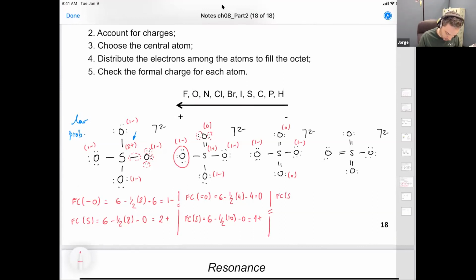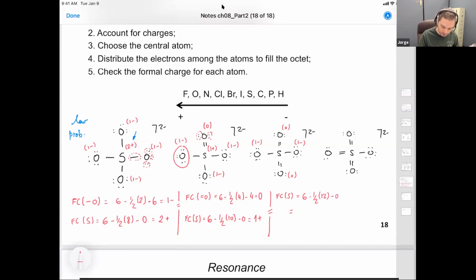Formal charge for the sulfur is going to be equal to the number of valence electrons, 6, minus half of the bonding electrons. So let's count how many bonds sulfur is making. 1, 2, 3, 4, 5, and 6. Each bond requires 2 electrons, therefore we have here 12 minus 0 because there are no non-bonding pairs.